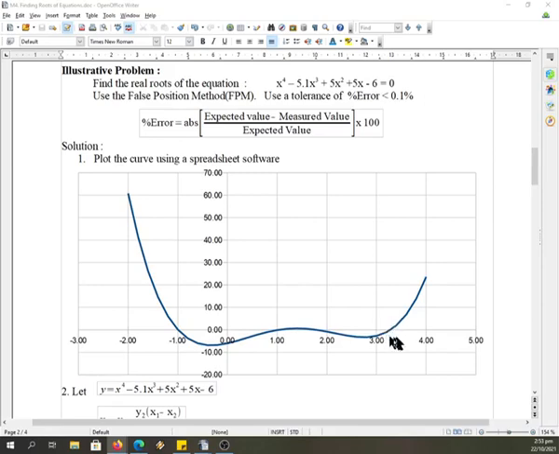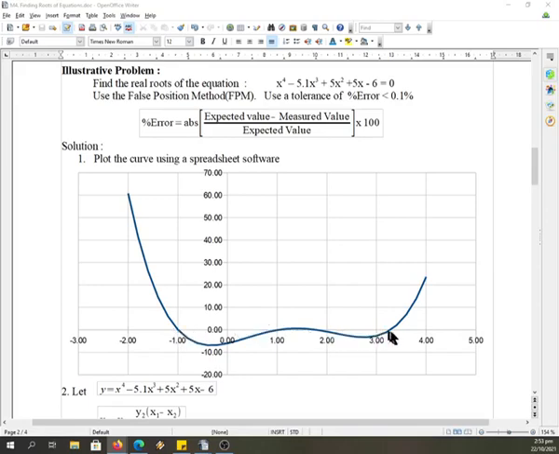Root number 1, root number 2, root number 3, and root number 4. This is, by the way, the x-axis. The curve touches the x-axis at exactly 4 points.